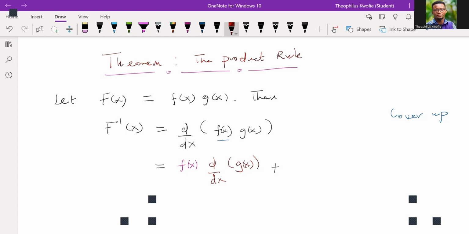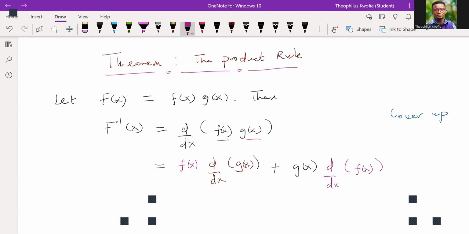Remember, first we covered the f of x. So now we are going to cover the g of x. Let me use a different pencil here. That means I can now bring the g of x outside, then differentiate the f of x. Please, we all get it.